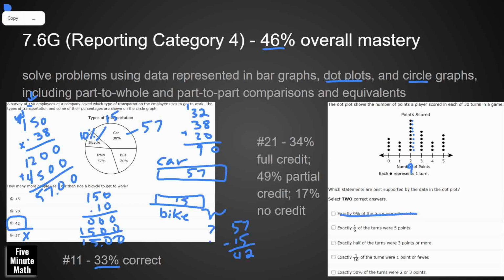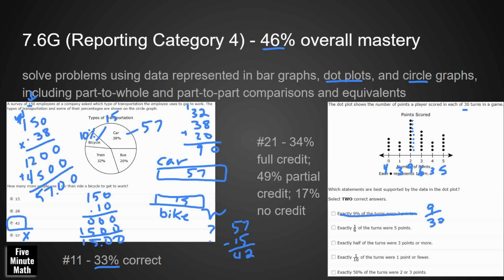So that's a misconception there. Let's go ahead and figure out what we've got here. I've got 4, I've got 3, and I've got 6. I've got 3, and then I've got 5. And then the total was 30. But 9 out of 30 is not 9%. 9 out of 100 makes 9%.